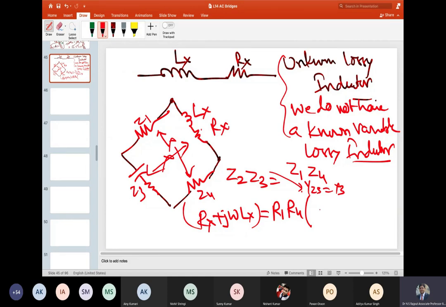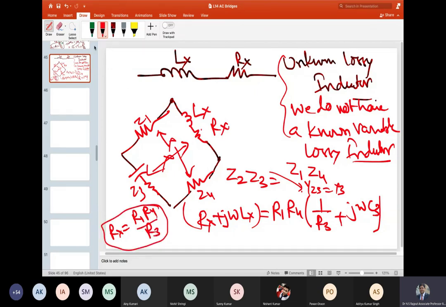So I can write it in the form of admittance, and this will become 1 by R3 plus j omega C3, right? So now we open it. So now you equate Rx is equal to R1, R4 by R3. So this gives us one value of unknown.